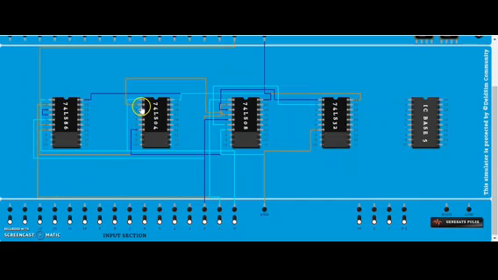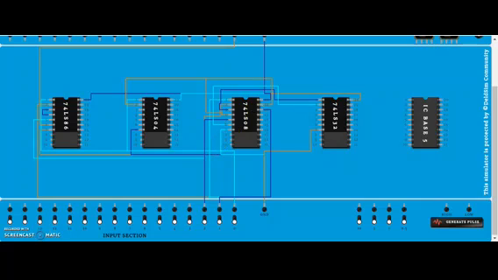And for the last AND, A bar, A not is an input to this AND gate, and B is the second input of this AND gate.